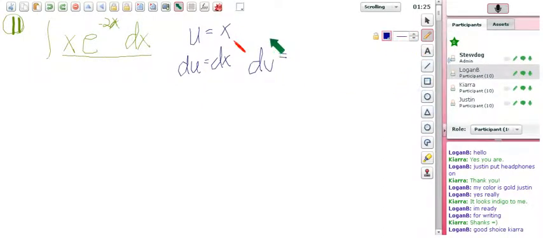So if dv is e to the negative 2x dx, then v, well, we have to figure out what v would be.